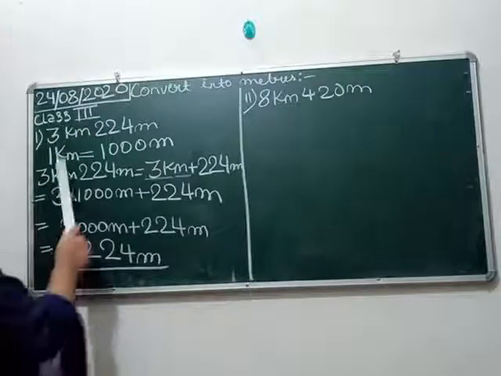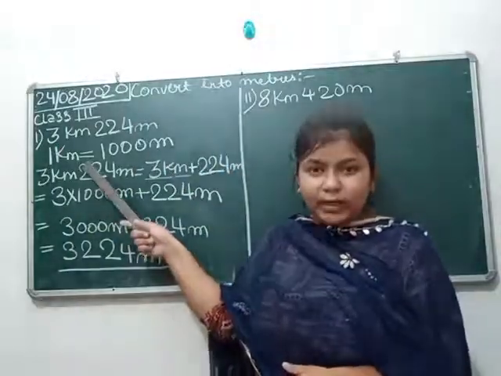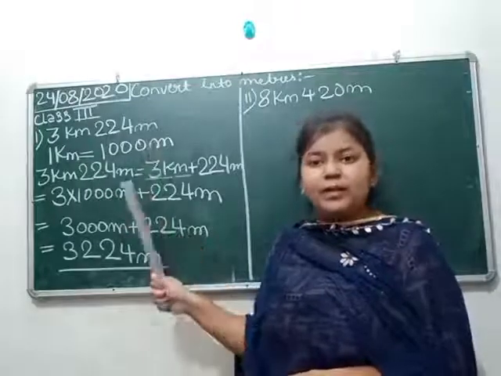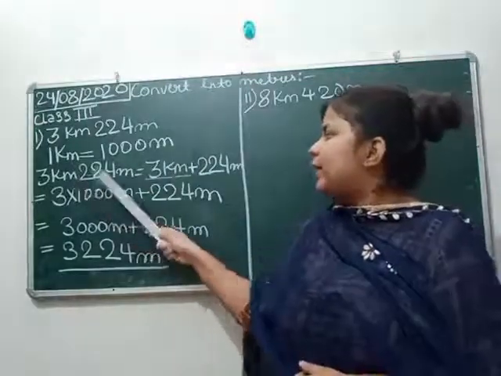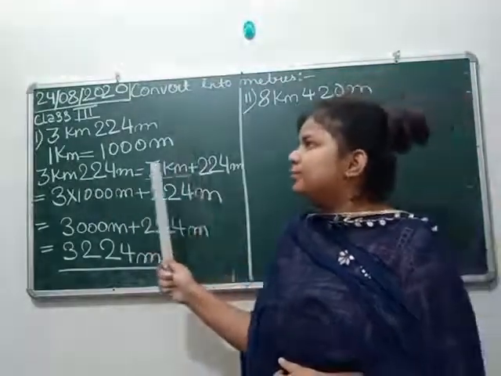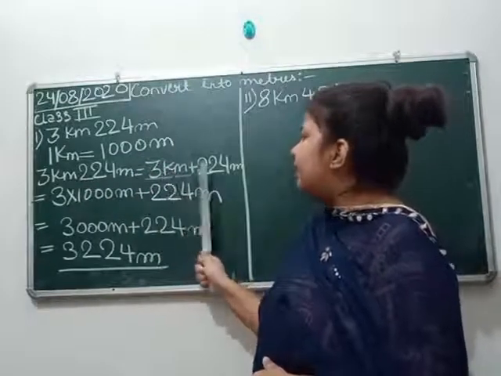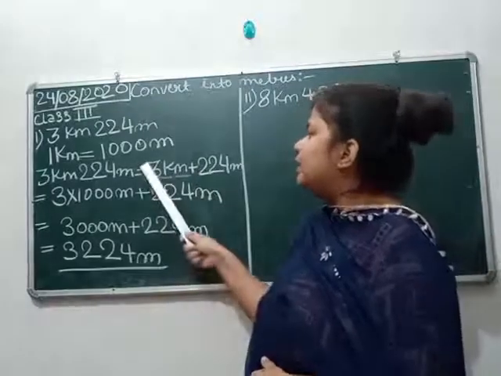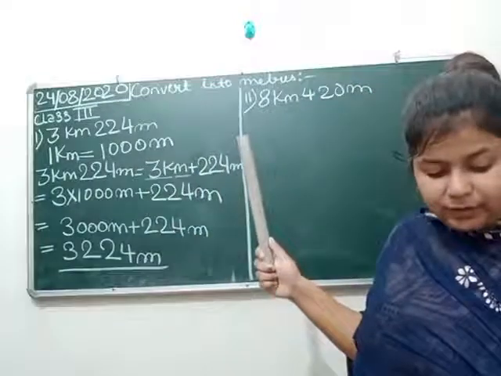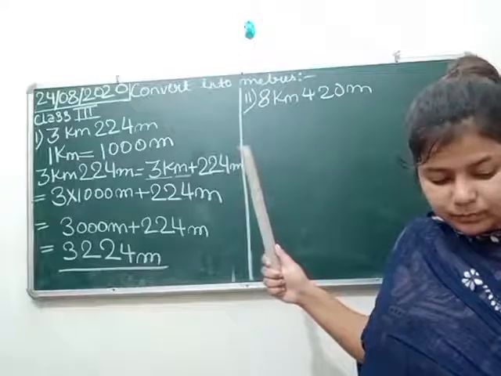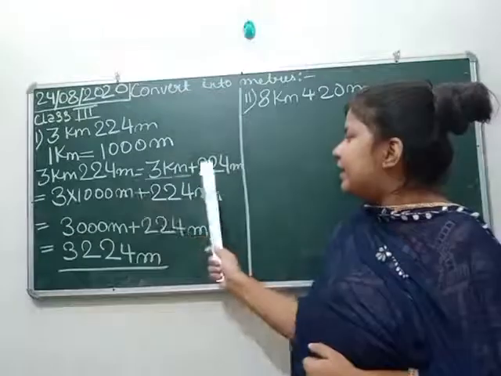Now see, first line will remain the same. That says 1 kilometer equals to 1000 meter. Now what we have done? 3 kilometer 224 meter equals to 3 kilometer plus 224 meter. Now in this line we want to show that there is 3 kilometer plus 224 meter.